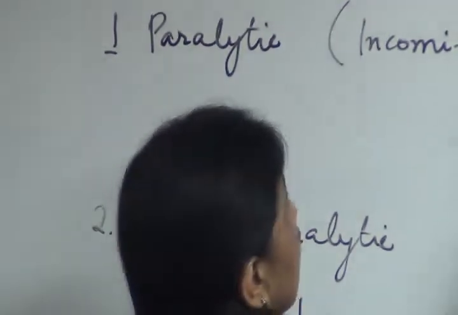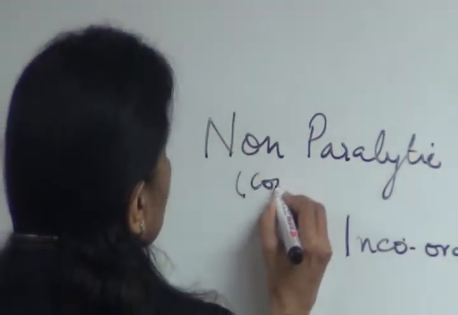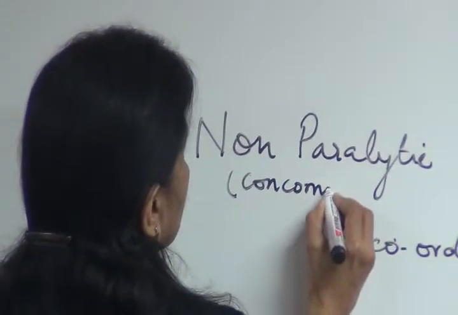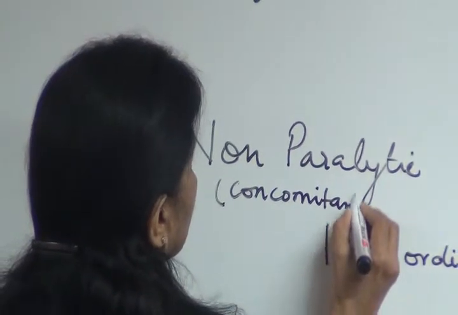The paralytic squint is also called incomitant squint. And the non-paralytic squint is also called concomitant. Right?